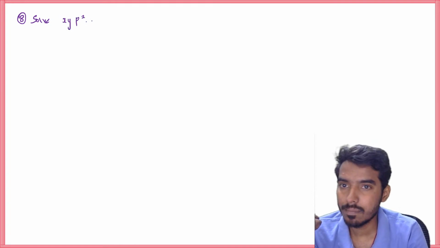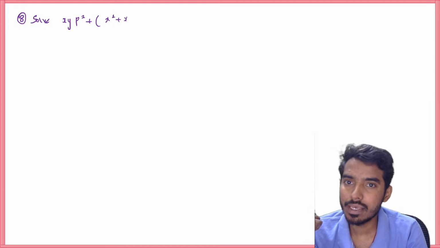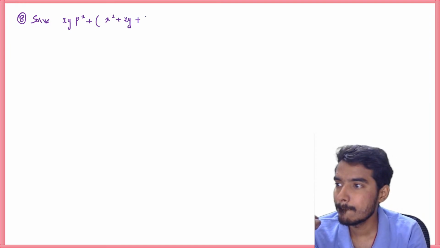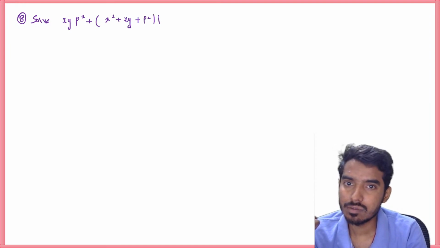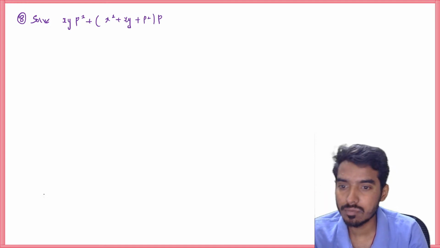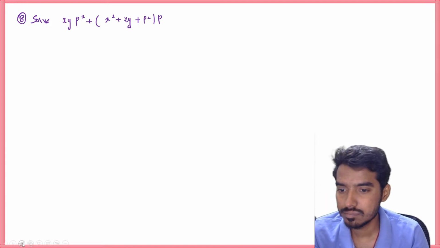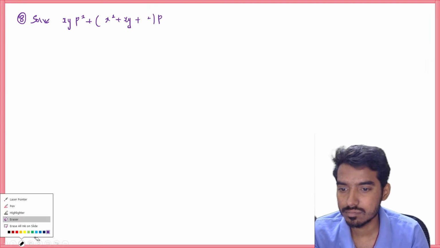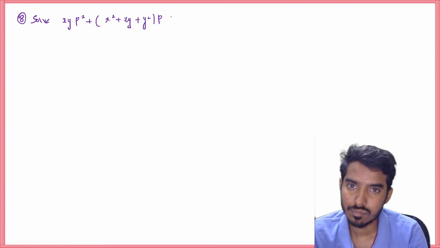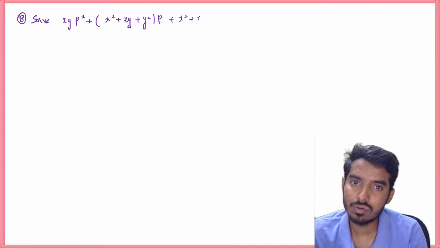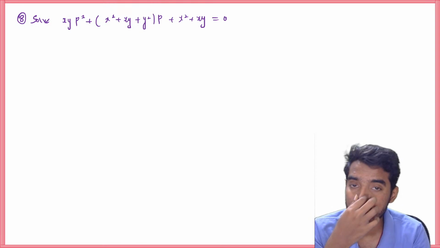y square plus x square plus xy plus p square into p plus x plus xy is equal to 0. Right?